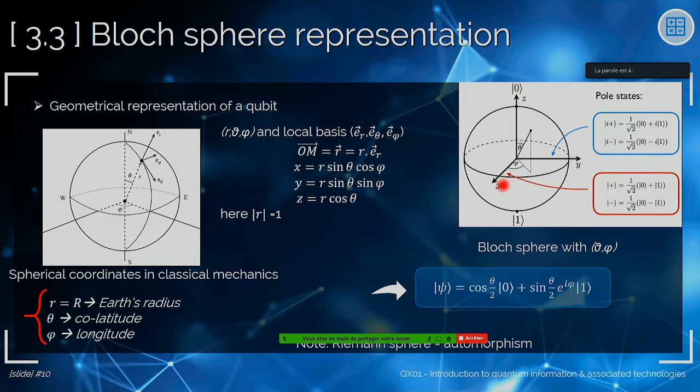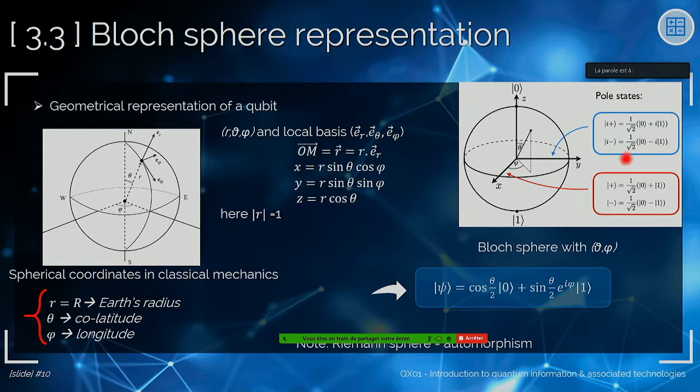So there are particular points. There is along the North Pole and the South Pole, which would be the 0 and the 1. You also have along the equator, if you are along X, you would have the diagonal, anti-diagonal, so 0 plus 1 and 0 minus 1. And if you are along the Y direction, then you would have 0 plus i1 or 0 minus i1.